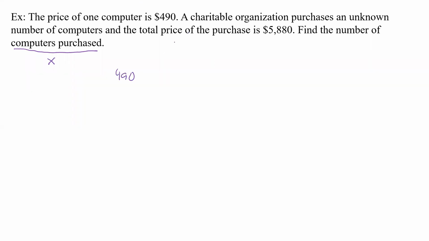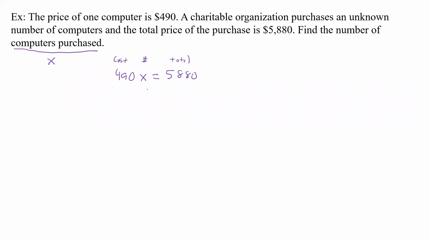We don't know how many we're purchasing because if we take the price of each computer times the number we purchase, that should give us the purchase price. So we have the number, we have the cost, and then we have the total price. So we take the cost per computer times the number of computers gives us the total cost.